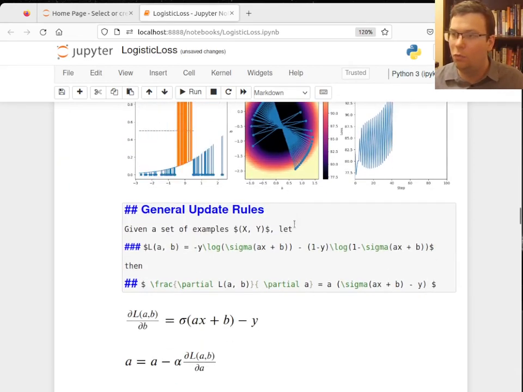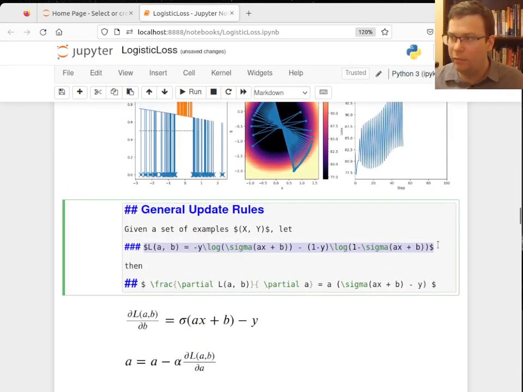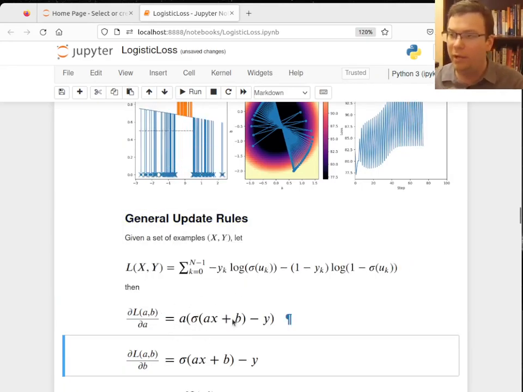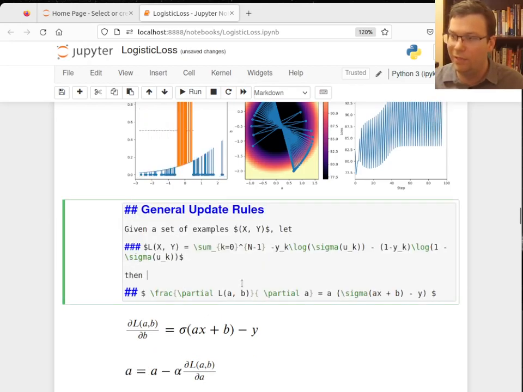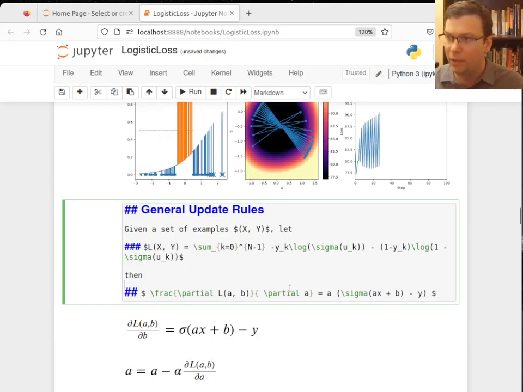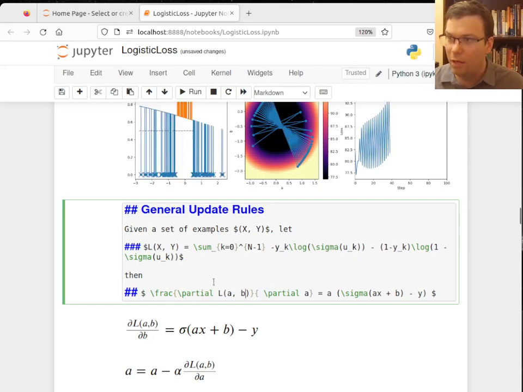But I've already done the hard part, because that just means that I have to sum over all the individual examples here, because the derivative is linear. What it means is if I want to take the derivative of the sum of things, it's just the sum of the derivatives. So everything's kind of the same here.